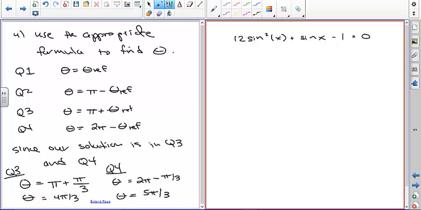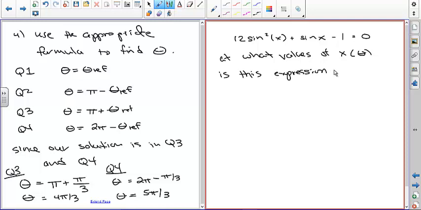So the question is, at what values of x or theta, I'm going to use theta once I solve it because I like theta, is this expression equal to 0?